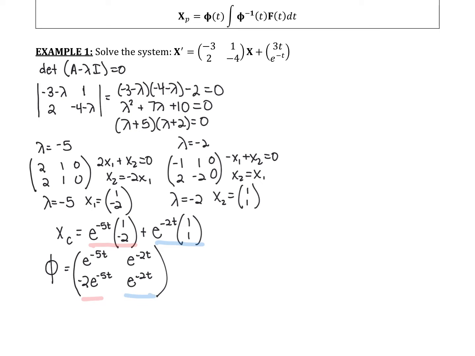And it doesn't really matter what order you write these in, as long as you're keeping each column representative of the solution. So this forms a fundamental set of the solutions to the homogeneous equation, and it gives us this fundamental matrix.